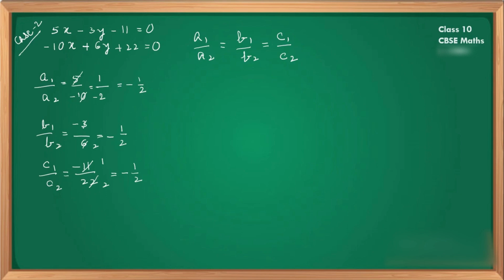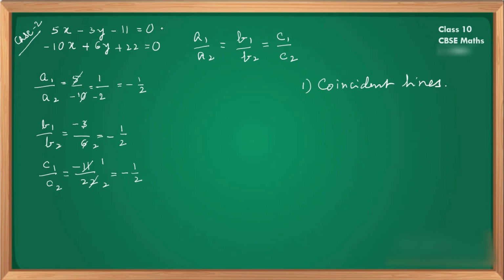They're all equal because in each case you got minus 1 by 2. In such cases, when they are all equal, then we can derive a solution, and they are called coincident lines.